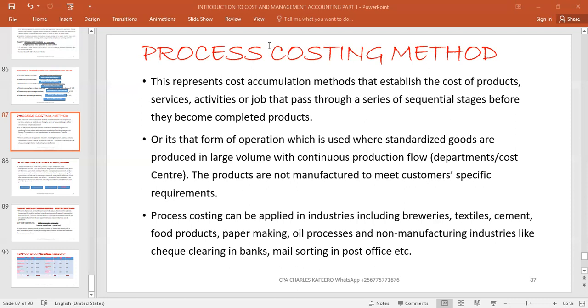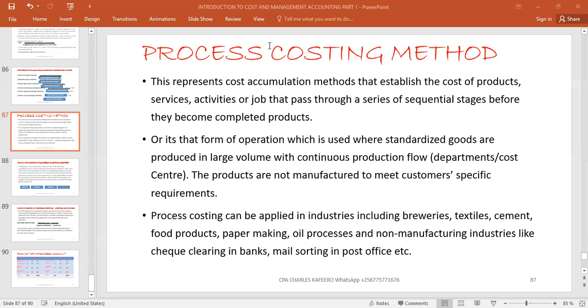If someone is manufacturing, let's say, a chair in a carpentry workshop, they do exactly what the client wants. But this one, since we produce in large numbers, we don't have customers' specifications. We just produce, and whoever finds them will buy.